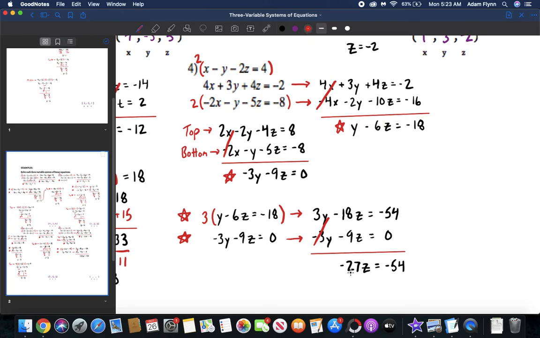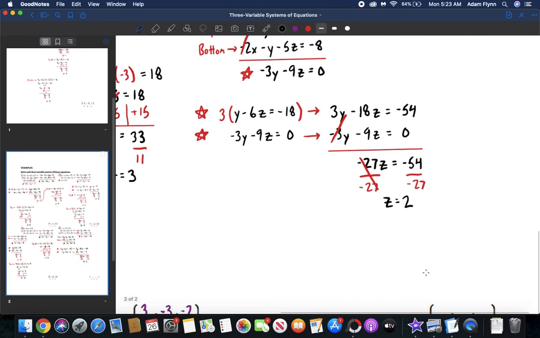I will divide both sides by negative 27. So I get z equals negative 54 divided by negative 27, which is a positive 2.